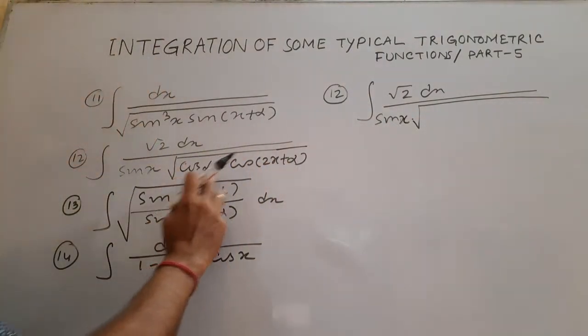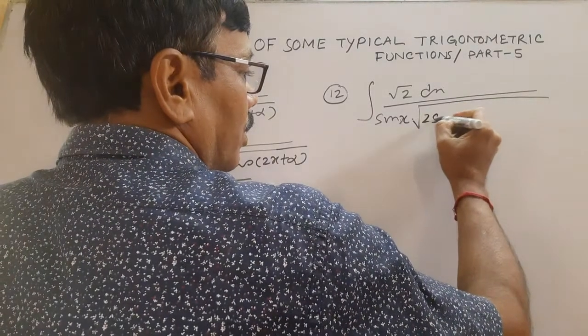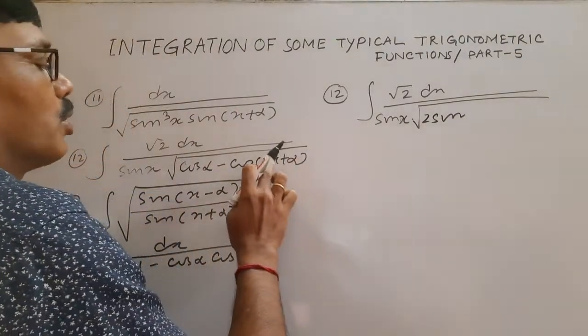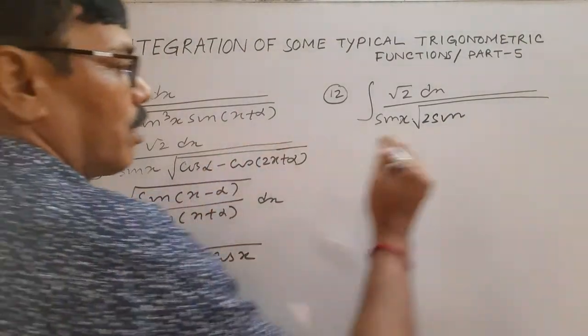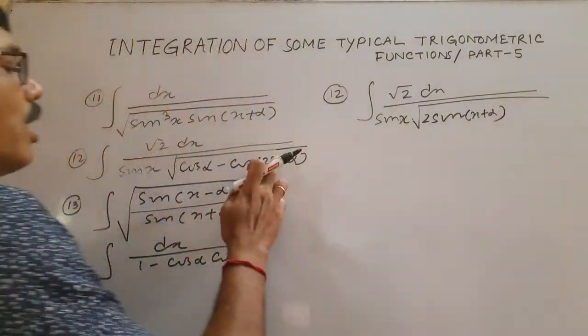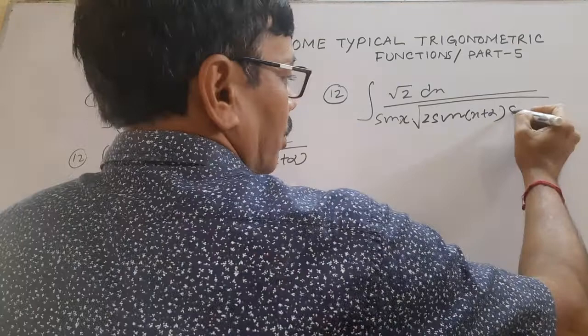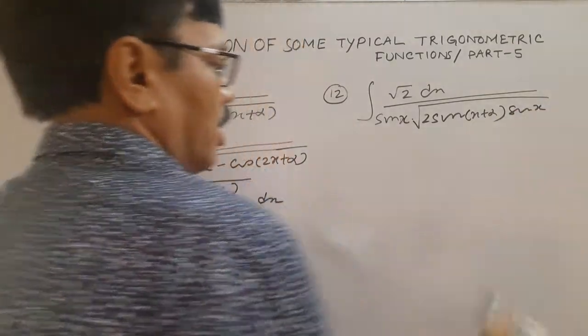So cos c minus cos d is 2 sine of (d plus c) by 2, so x plus alpha, into sine of (d minus c) by 2. Alpha is cancelled. So this is sine x.